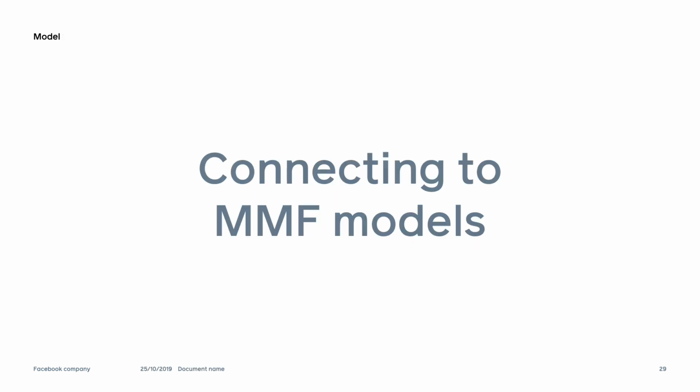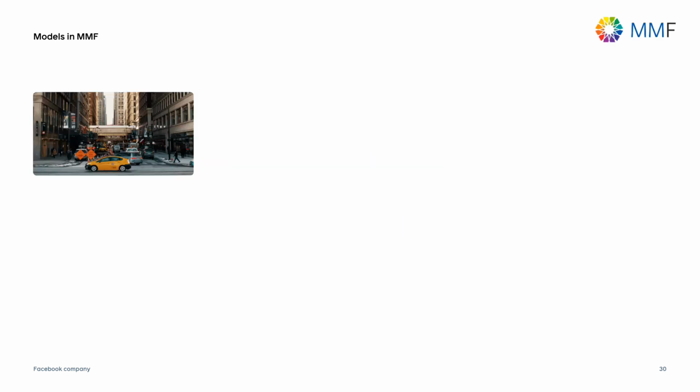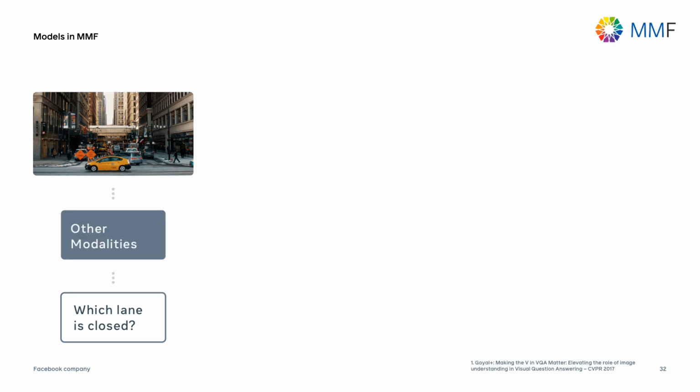So let's see how we can connect these datasets to the MMF model. Let's again take the example of VQA that we took at the start. There can be cases like in this one where you have OCR tags, which are other modalities that are not the common thing inside a dataset, something like OCR, face features, or other embeddings which you don't normally use, but these can be other modalities.